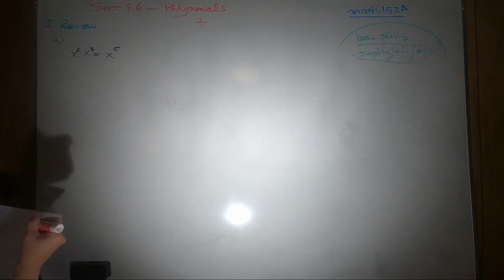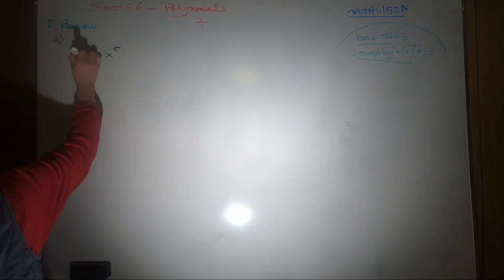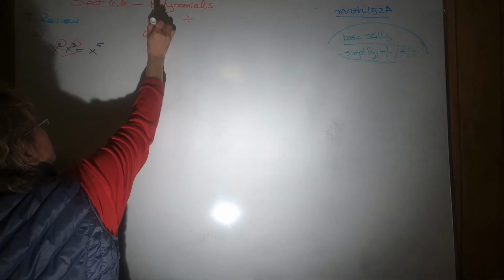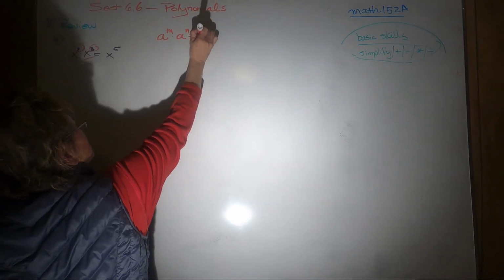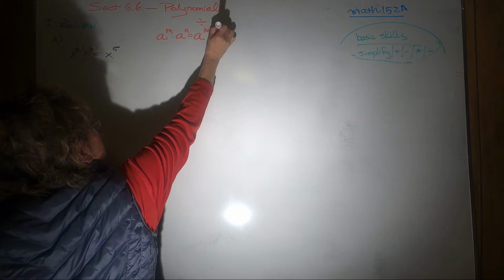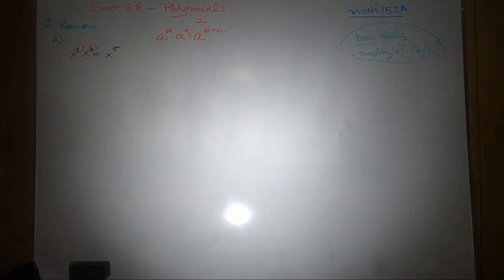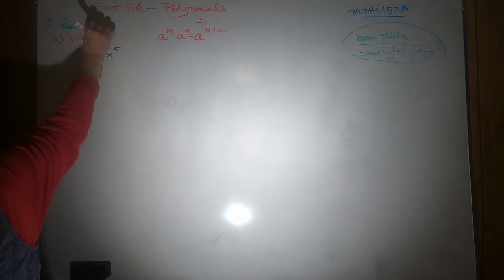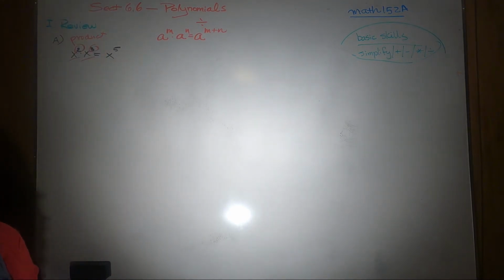Product property. So we multiply things, a simple one with exponents. So a^n times a^m is a^(n+m), right? We call this product property, okay?